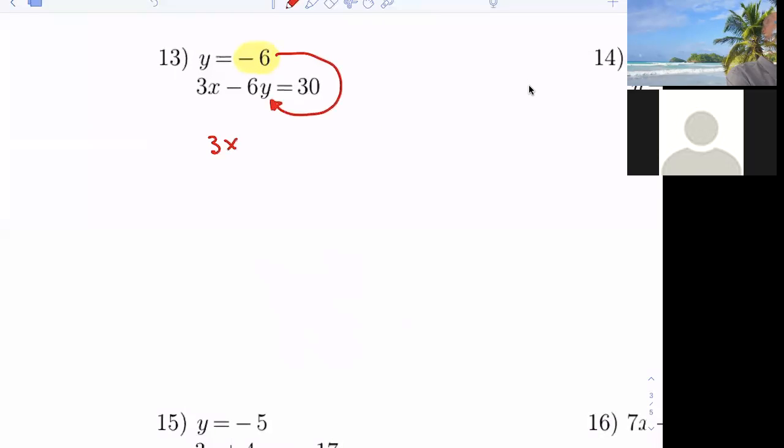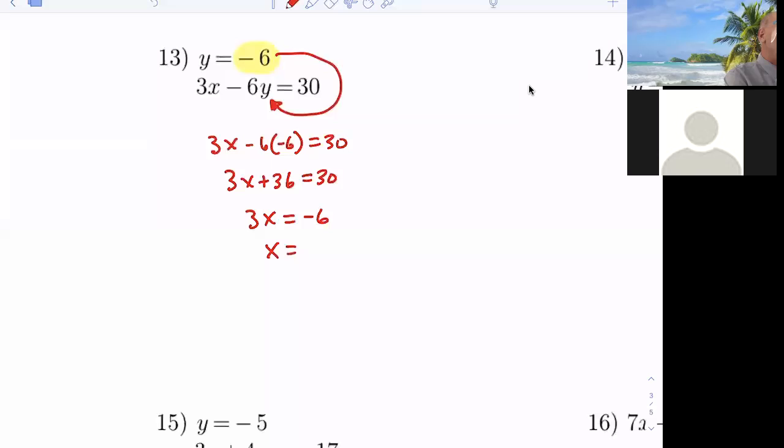Now it's going to be negative 6 times negative 6. 3x plus 36 equals 30. 3x equals negative 6. So x equals what?